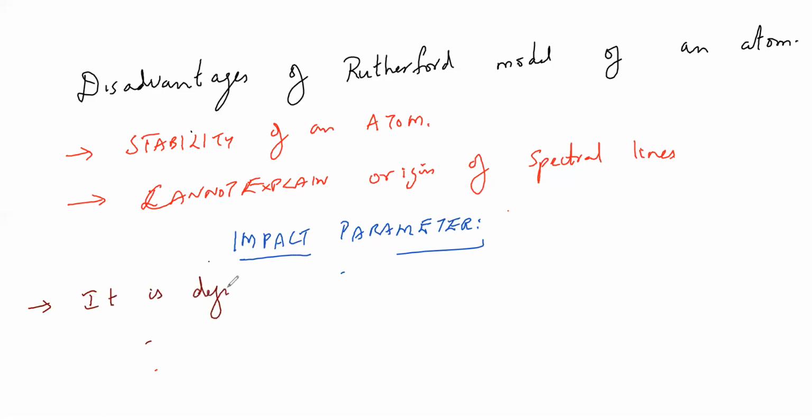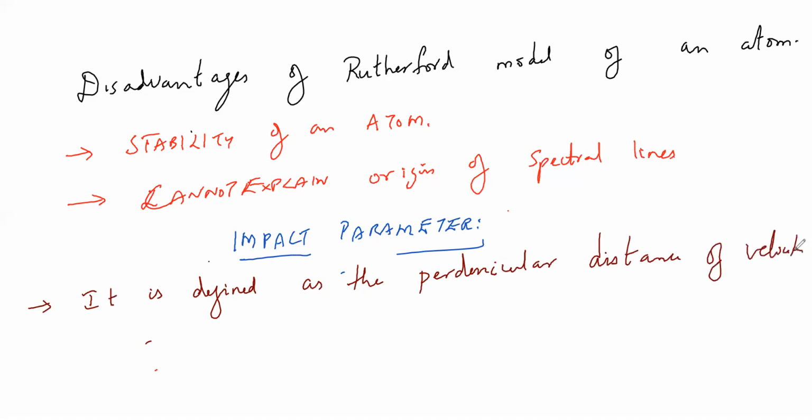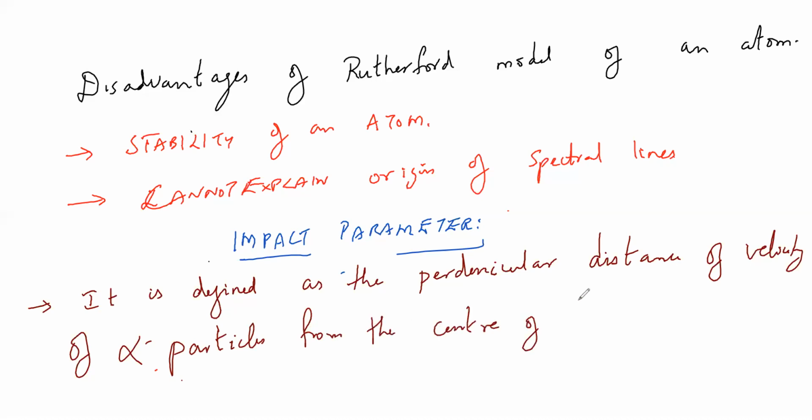It is defined as the perpendicular distance of the velocity of the alpha particle from the center of the nucleus, when it is far away from the atom.